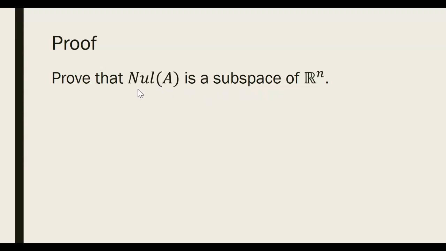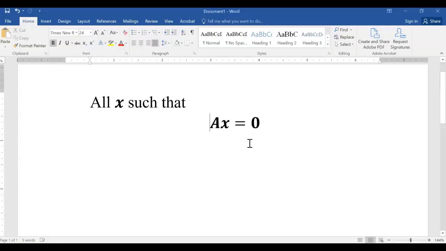All right, so the 0 vector has to be in there. If you add two vectors, the sum also has to be in there. And if you take a scalar times a vector, the scalar times the vector also has to be in there. So these three properties that we're going to look at, first off, I just wrote what null space is again. All x vectors such that when you multiply them by the matrix A, you get 0. So that's what the null space is.